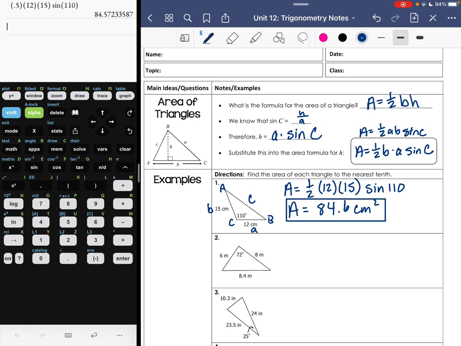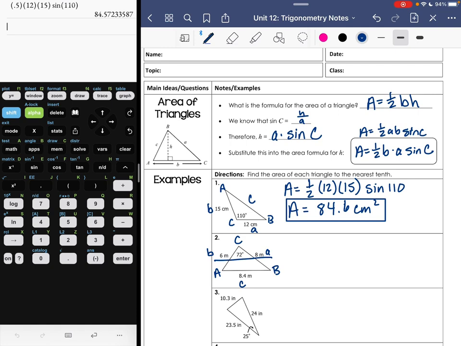Okay, when we move to number 2, we have all the sides, but we still have an angle. So that's really good. That means that this is going to have to be C because that's the angle we know. And then it doesn't matter, these can be A and B, whichever direction. So that means we've got B, A, and C. Don't put C into your formula. That's why I'm pointing this out. So you want to use everything from that line up.